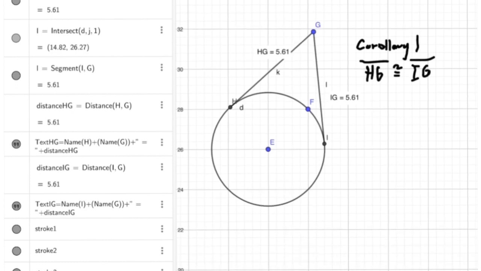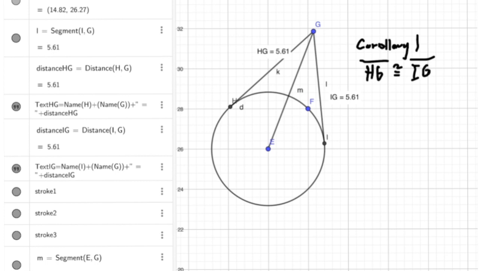So let's use the other corollaries related to this tangent theorem using the same image. Now let's have another segment, this time connecting the center and the external point. This segment that we created from E to G separates the angle formed at G, meaning we now have two angles at G because of this segment.